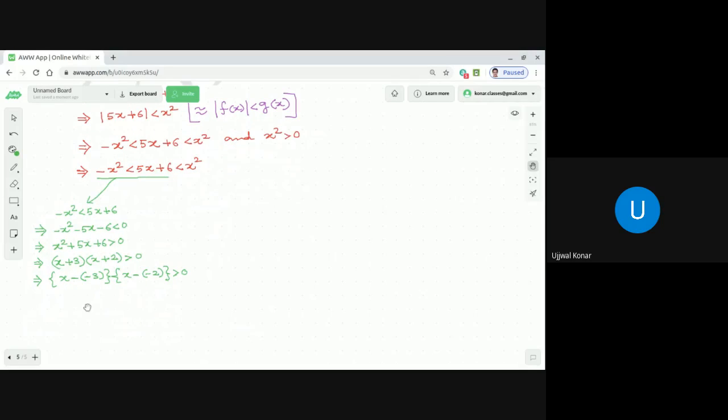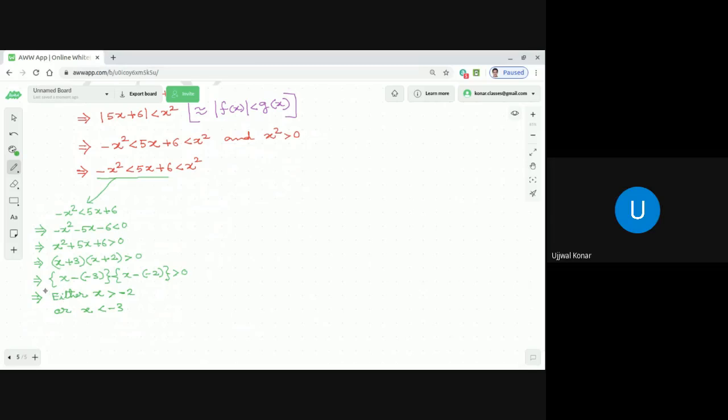If you recall, x minus alpha into x minus beta greater than 0 means either x is greater than the maximum of alpha and beta, in this case minus 3 and minus 2. So this implies either x is greater than minus 2, or x is less than minus 3.